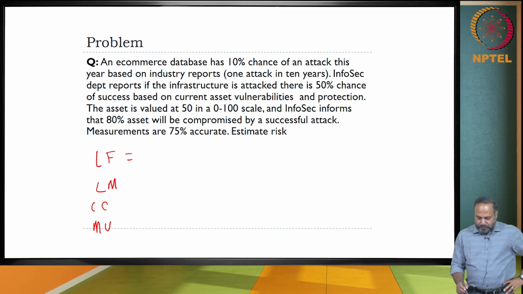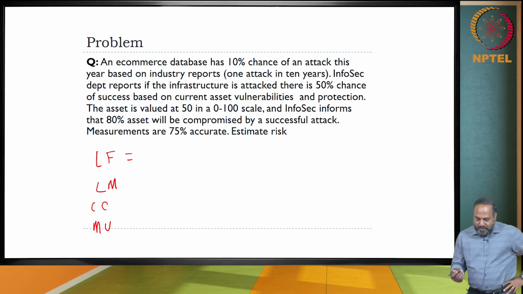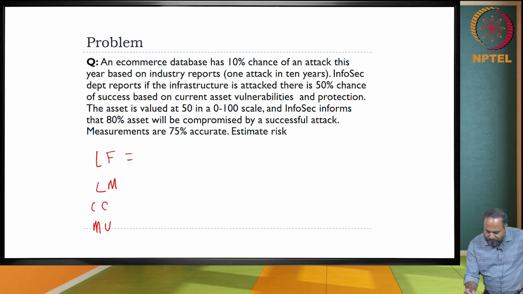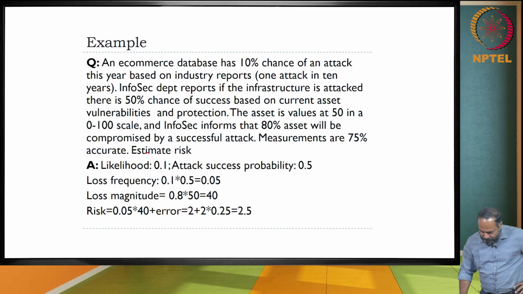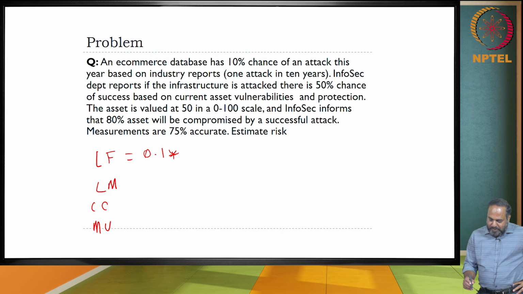Loss frequency is a product of the probability of attack into the probability of success. Okay. So, therefore, chance of an attack is 10%, which in probability terms is 0.1, correct, and the chance of success is 0.5, right, 50%.